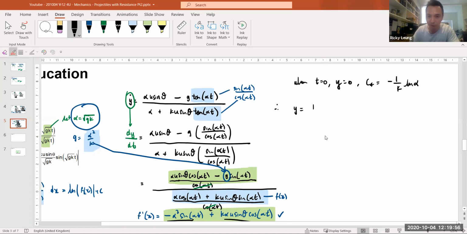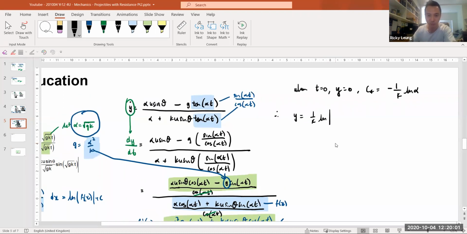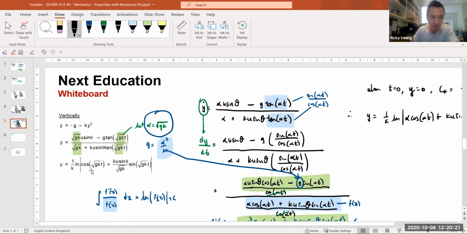y equals 1 on K ln of the thing that I proved downstairs, which was alpha cos, I'm just copying this blue over here, plus Ku sine theta sine alpha t, and then minus 1 on K ln alpha. Now, let me have a quick look at what I need to prove. Yep, see how there's alpha on the bottom, so perfect.